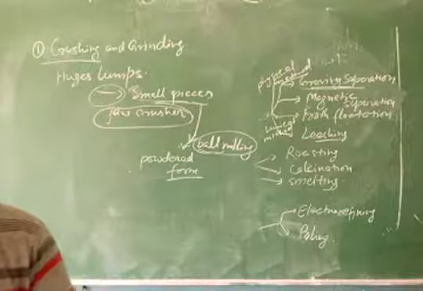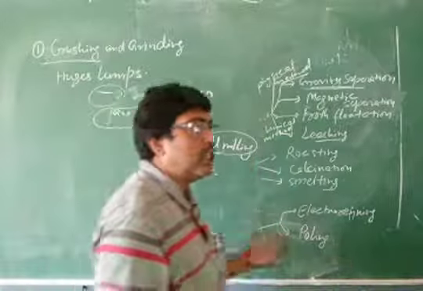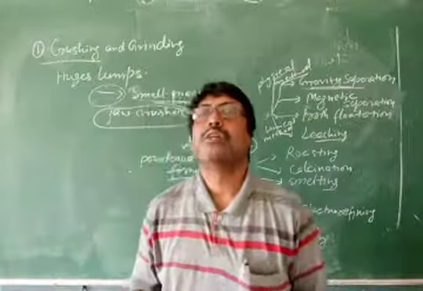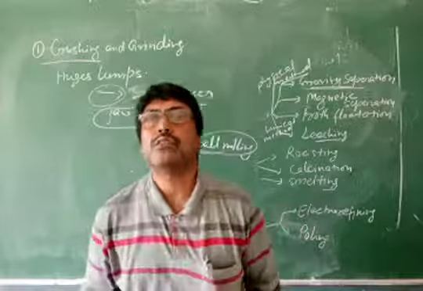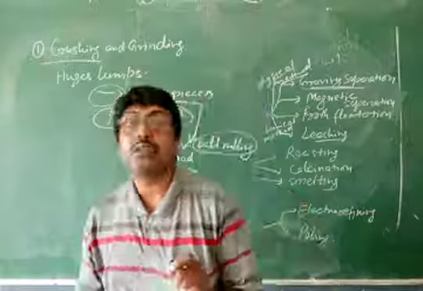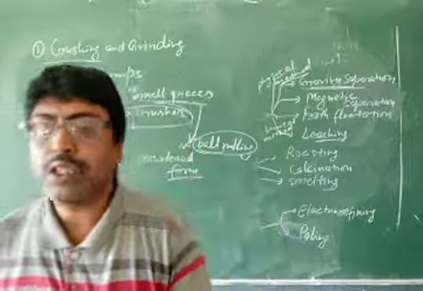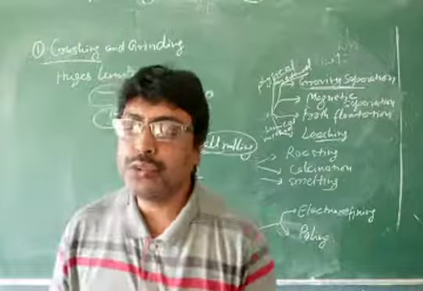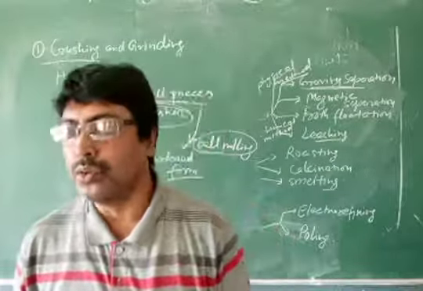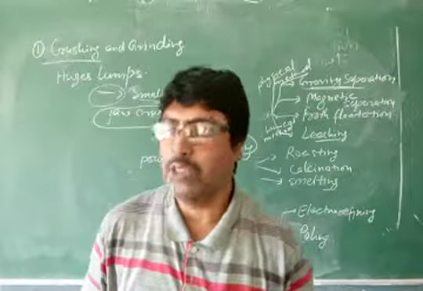Now, concentration of ore. What is this concentration of ore? Concentration of ores is the removal of unwanted or useless impurities present in the ore, either by physical or by chemical method.